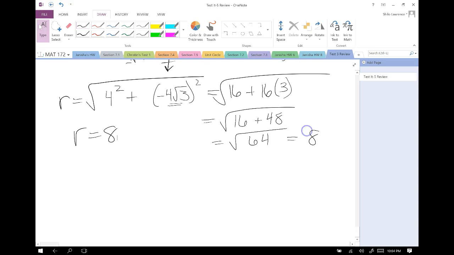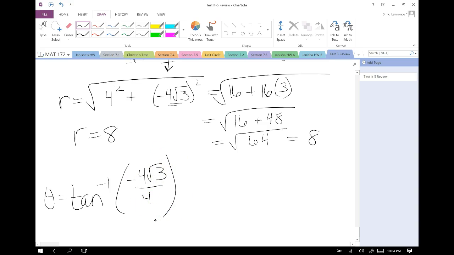And then we're going to do tan inverse to get our theta. We do tan inverse of the y over the x. I would just type it in the calculator like that. I wouldn't even waste time trying to simplify it. Now, again, we've got to be careful with the quadrant because the calculator says it's -60.